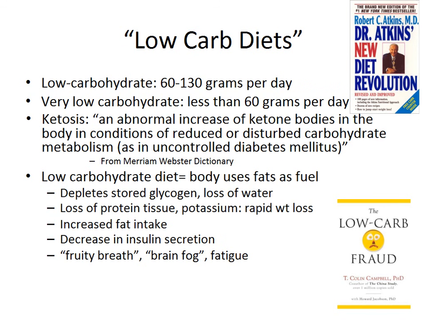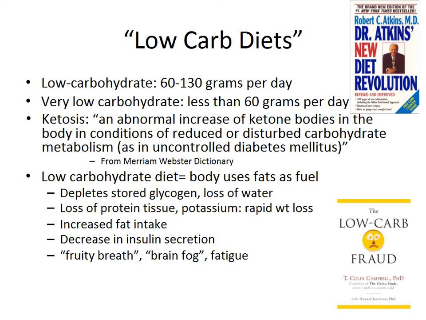And then what's the deal with low carbohydrate diets? As you're probably aware of the Atkins diet trend that was several years ago. Low carbohydrate diets are considered to be 60 to 130 grams of carbohydrates per day, and very low carbohydrates are less than 60 grams of carbs per day.